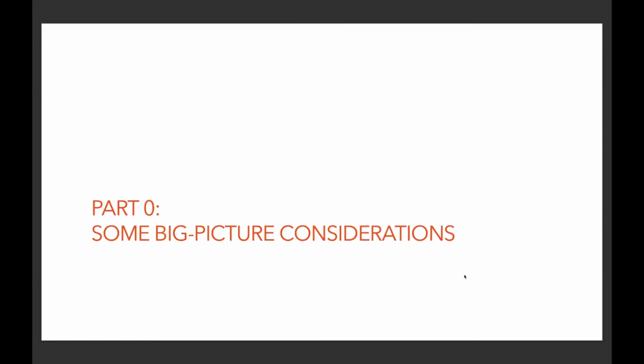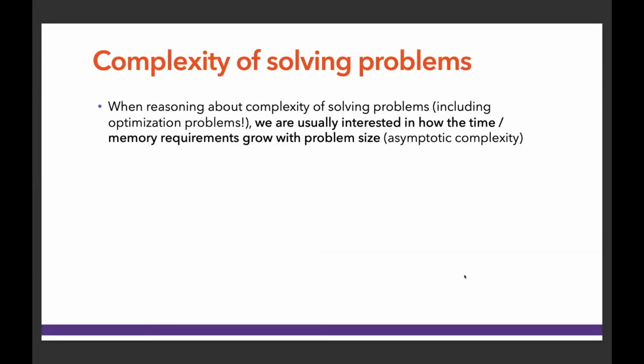All right, so let me begin by making some high-level statements about the scope of what we're doing here. In general, when we're thinking about the complexity of solving optimization problems, or problems in general, we're usually interested in how this complexity, the time or memory requirements, grows with problem size, the asymptotic complexity of your problem.